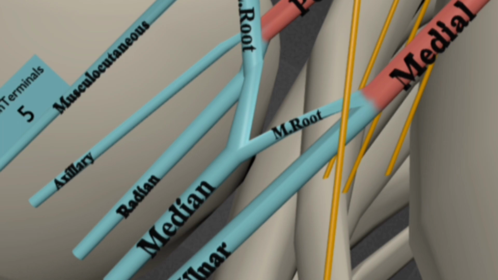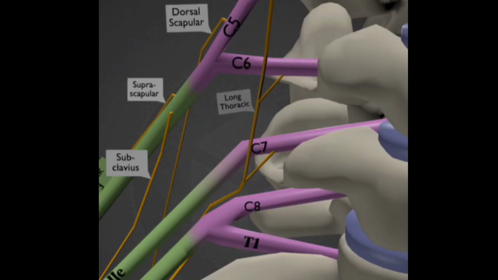It is named median nerve because it passes in the medial plane of hand, and the continuation of medial cord itself is called ulnar nerve. Two roots.